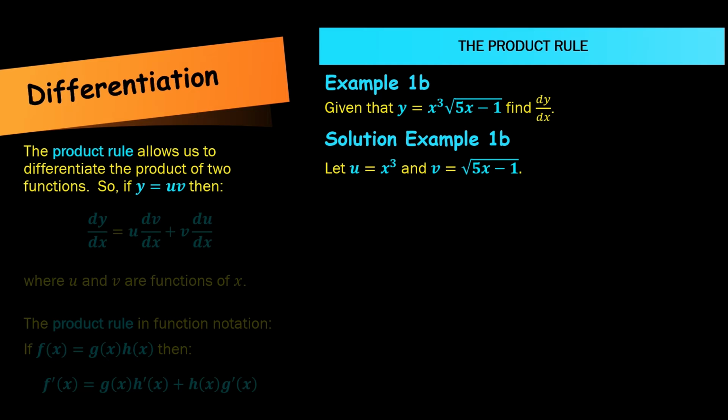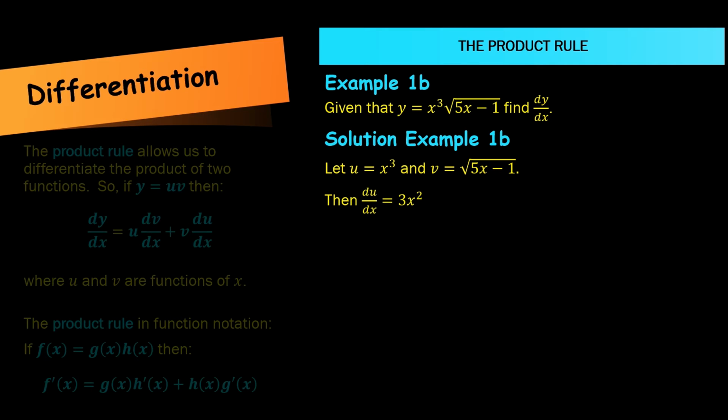This will allow us to apply the product rule to y equals uv. Now differentiating u equals x cubed gives us du dx equals 3x squared. And from part A we have that the differential of root 5x minus 1 is 5 over 2 times 5x minus 1 raised to the power minus a half.